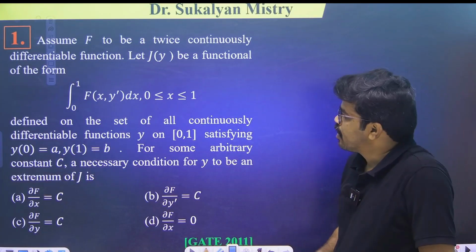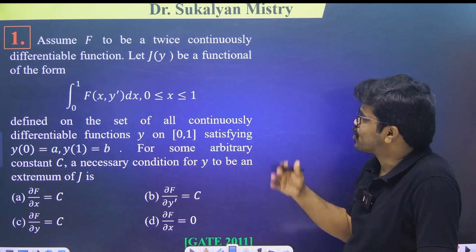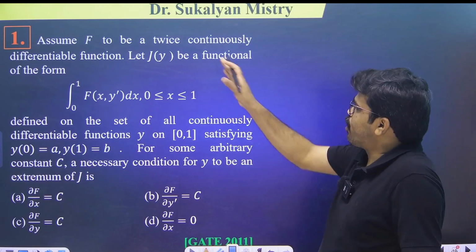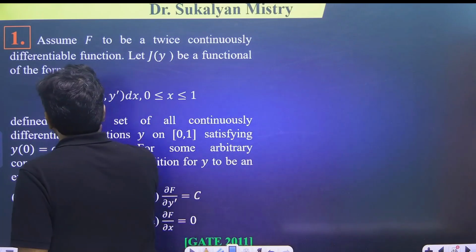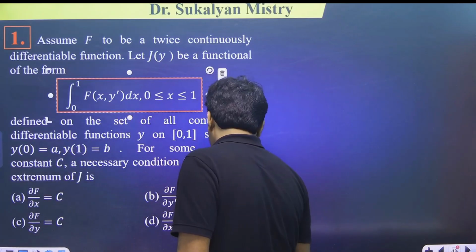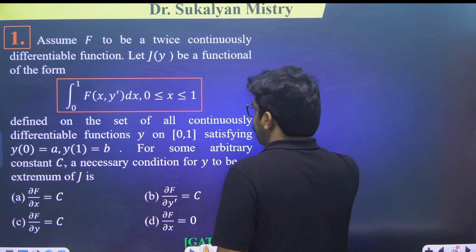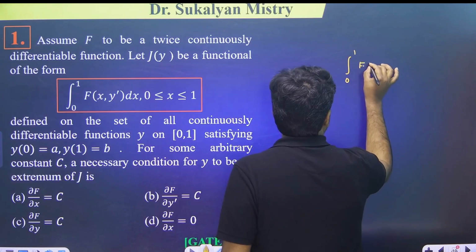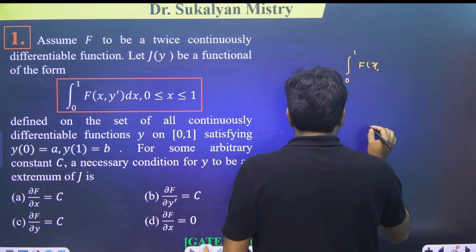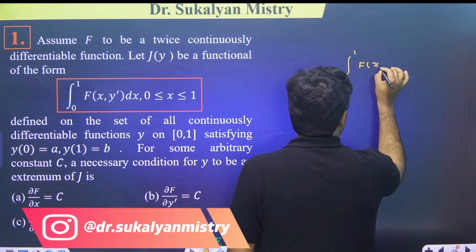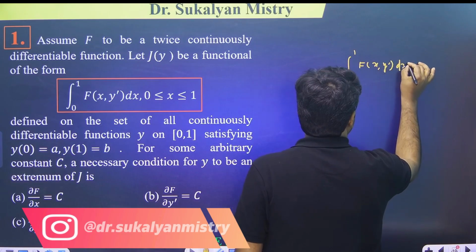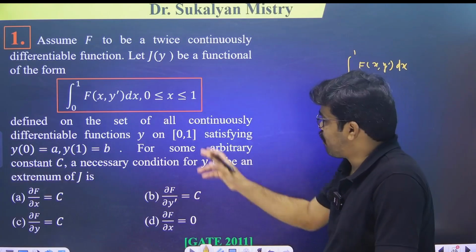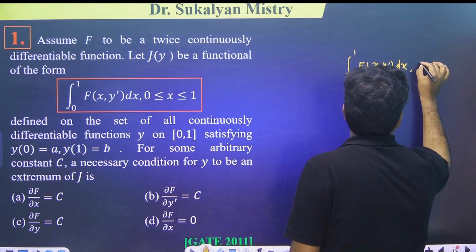Assume f to be a twice differentiable function, and let J(y) be the functional of the form integral from 0 to 1 of f(x, y, y') dx, defined on the set of all continuously differentiable functions on the closed interval [0, 1].